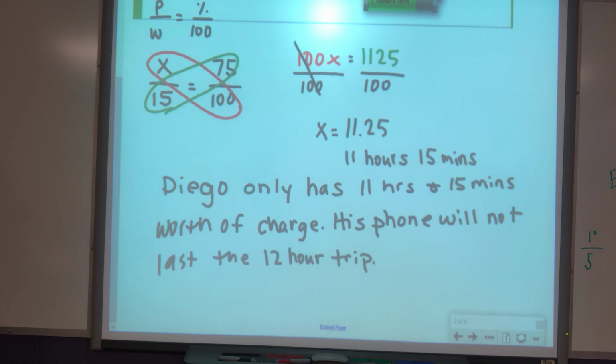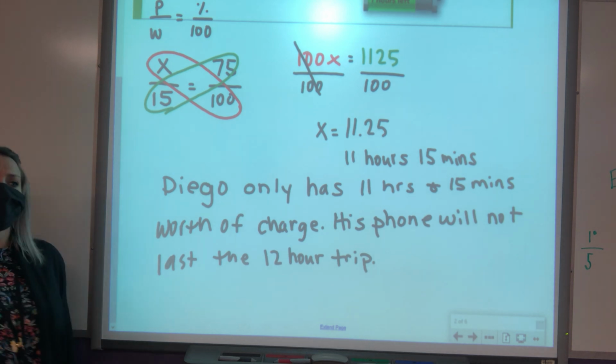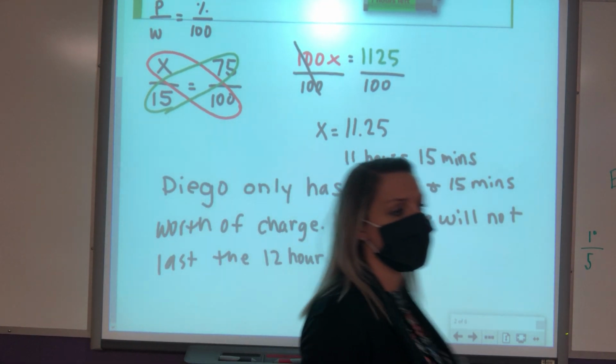His phone will not last the 12-hour trip. How much charge does he need? I think he needs 80. I would say like 90, 95. How can we figure out how much charge he actually needs?